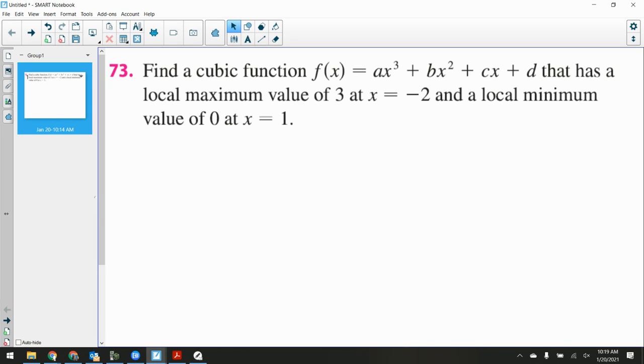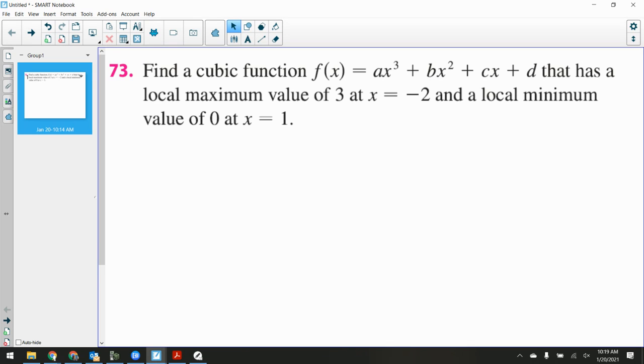How do we do this problem again? Because here's what I know. Based on that information, I can get 4 coordinates, 4 equations, basically. Let me show you how.